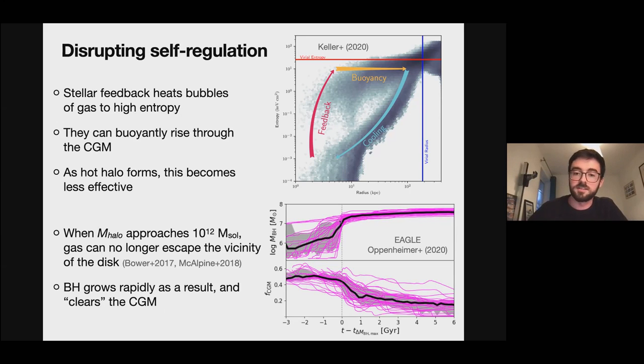And what we find, and I think this figure from a recent paper by Ben shows nicely, this is an example for Eagle, is that when the black holes grow rapidly in these systems that have reached this critical point, the overall content of the CGM decreases in response to this rapid injection of AGN feedback. And so this is what I'm terming baryon clearing. I don't have a better name for it yet, but really I'm talking about the clearing out of the content of the CGM itself by AGN feedback.